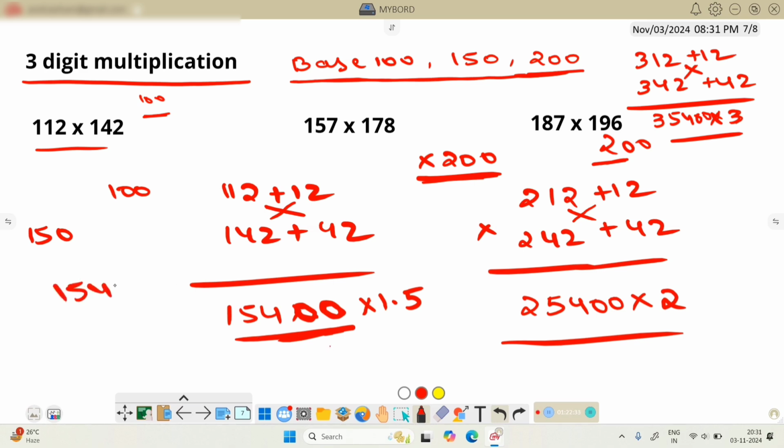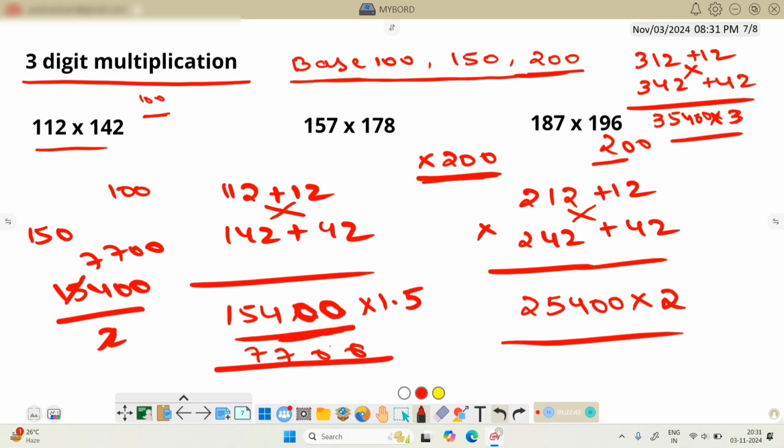So 15400, you half it to 7700, and you just add this number. You simply add this number if it is 1.5, I mean base 150. So this is how you have to solve the 3-digit multiplications.